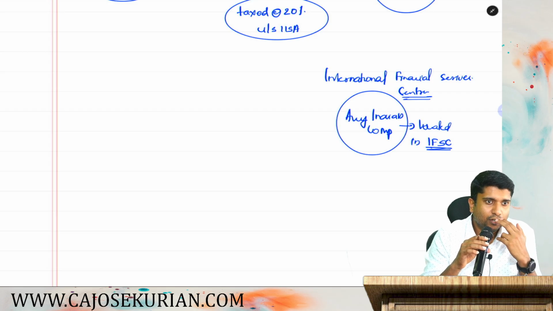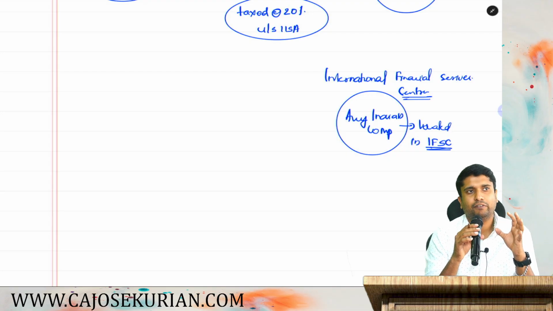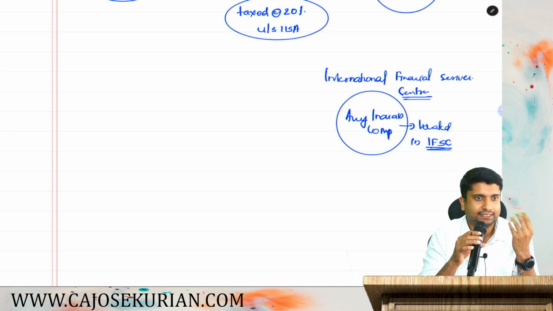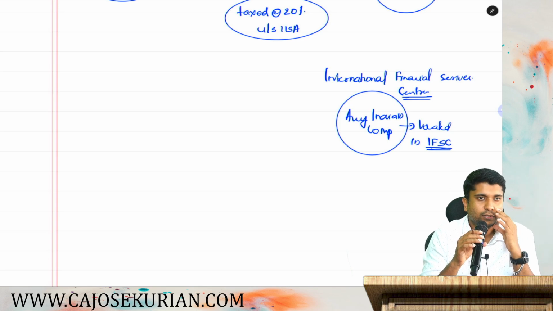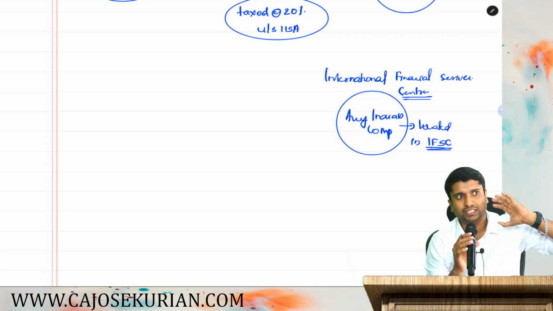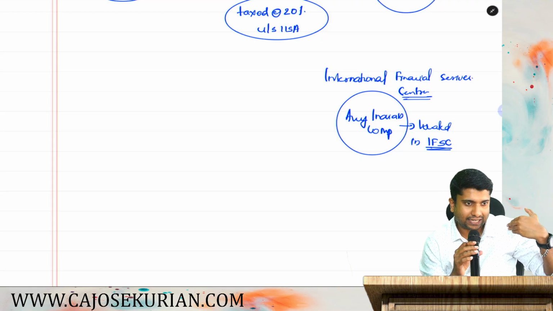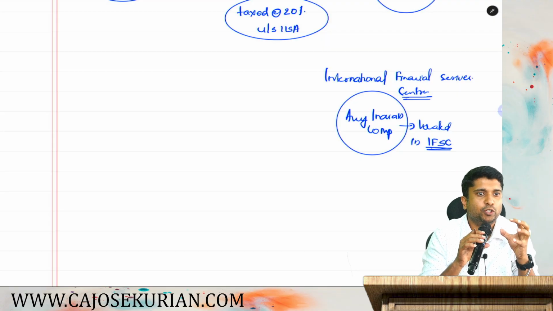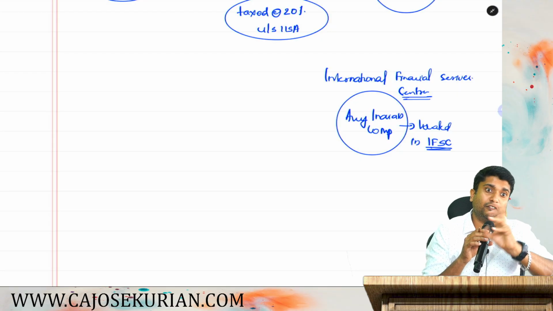the Government of India has recognized certain areas as special areas, to promote exports. Foreign investment companies can come and incorporate a unit in IFSC. If they incorporate a unit in IFSC, they get a lot of tax benefits.